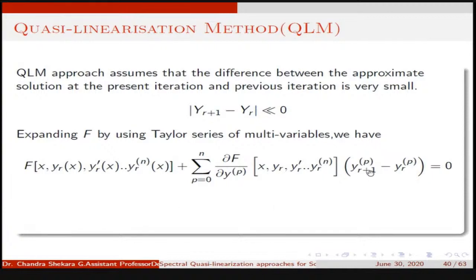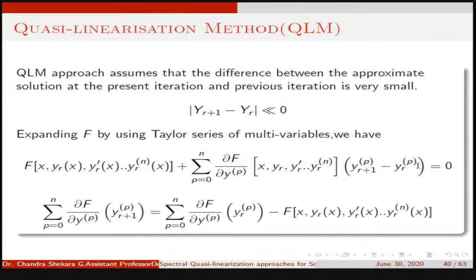So you keep the terms with Y r plus 1 on the left hand side and take all other terms to the right hand side. We get an equation of this form. You observe that the left hand side contains Y r plus 1, the unknown terms, and the right hand side is completely known. Now ∂f/∂y_p, which is the derivative of that nonlinear operator with respect to the y's, is known.